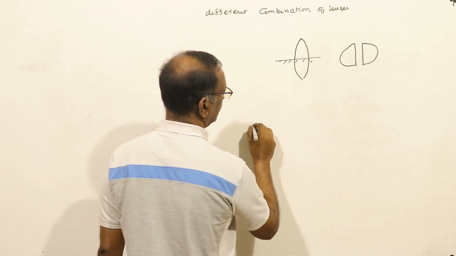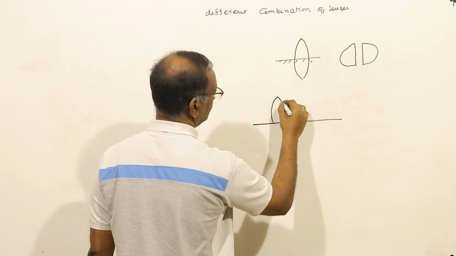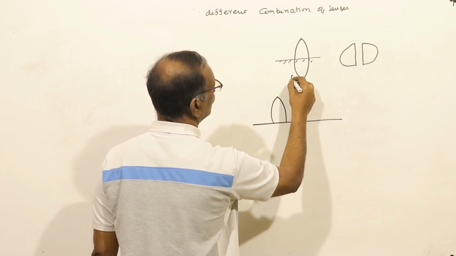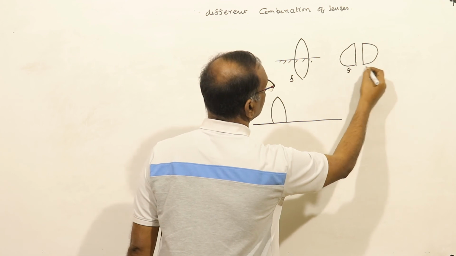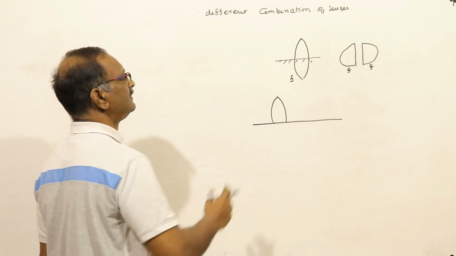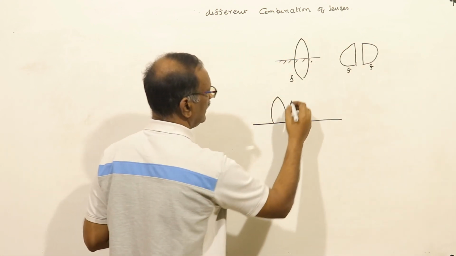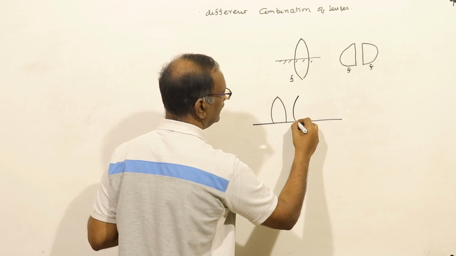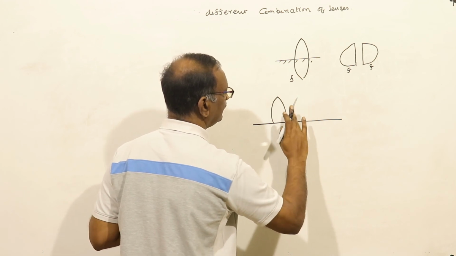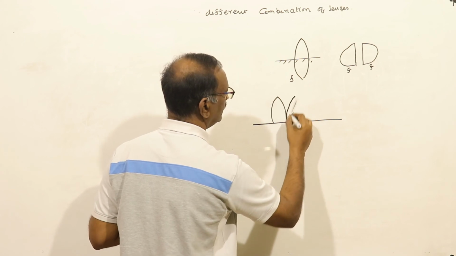We take the first lens and one portion, with focal length f. The other portion's focal length will also be f. If it is cut in transverse section, it will be 2f each, and we keep both in combination like this, with no distance between them. They are kept in contact with each other.